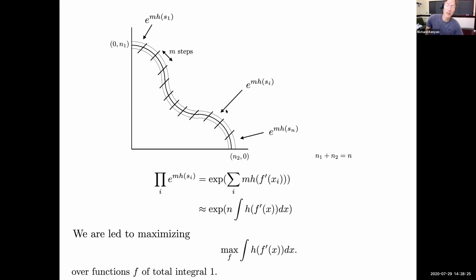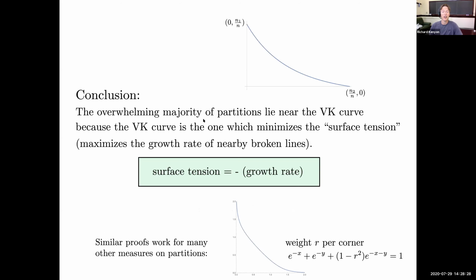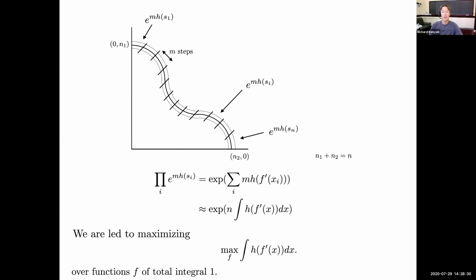Okay, so now you're going to object that I didn't take into account the fact that the partitions have to match up at the boundary. But as long as my m is not too small, these effects are going to be negligible. That's going to require some argument, which I'm not going to give here, but the width of each piece is much longer than the fluctuations.